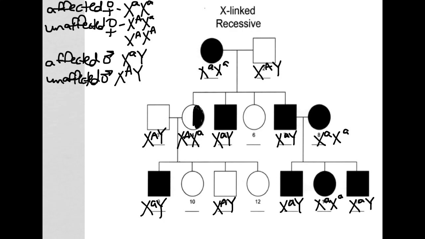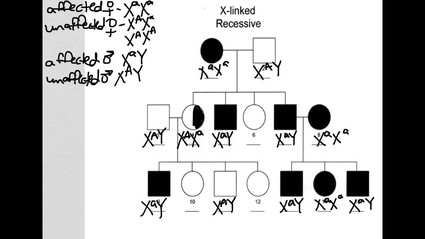Now, given that the father is XAY, these two daughters, because they are unaffected, must at a minimum be carriers. Now the mother is XAXa, so she could donate either an XA to her daughters or an Xa to her daughters.